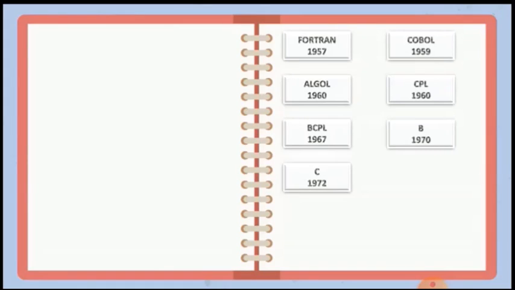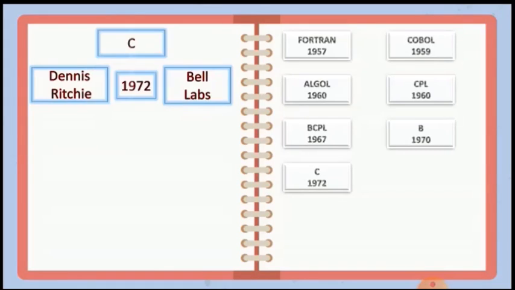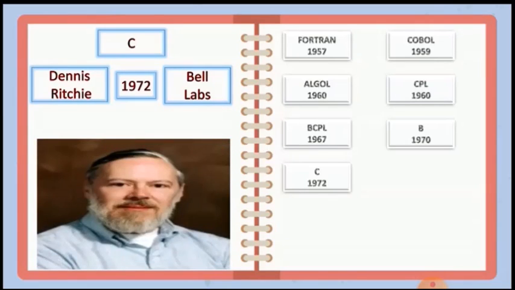C language was created by Dennis Ritchie in 1972 at Bell Labs. Dennis Ritchie is also called the father of C programming language. It is just a higher version of B language.